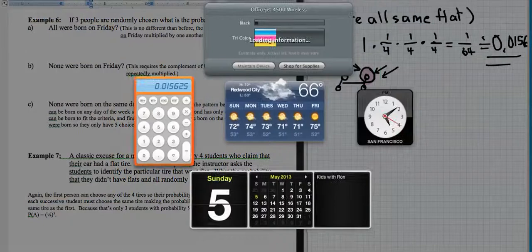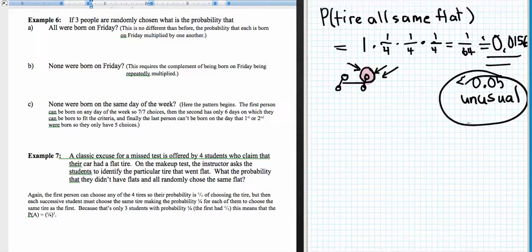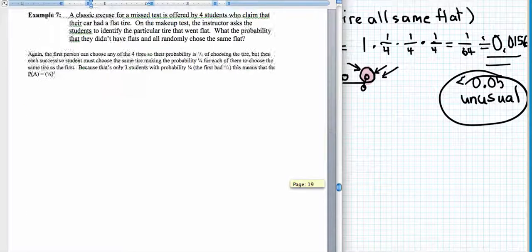He would find it to be at least unusual because it's less than 5%. So it's unusual, and therefore he would say, I don't really believe these people because this is an unusual thing to happen if they're all going to be getting a random flat tire, unless there's something else going on here that we don't know about. So that would be how we can apply the same logic to another type of problem.